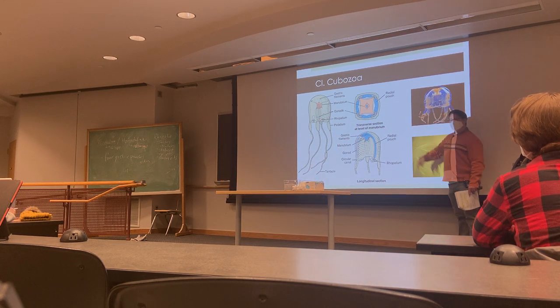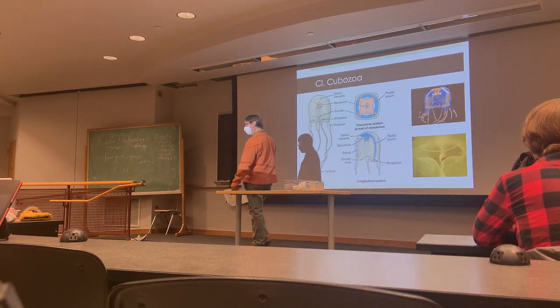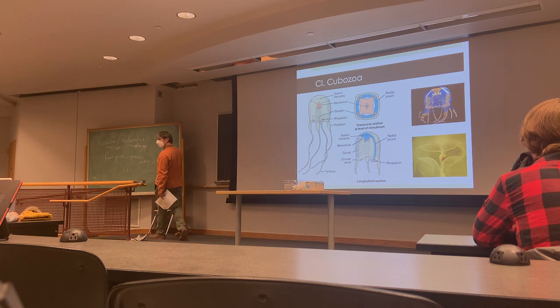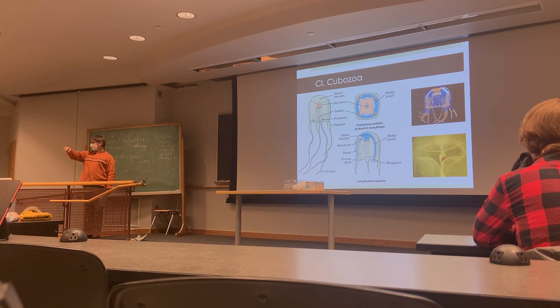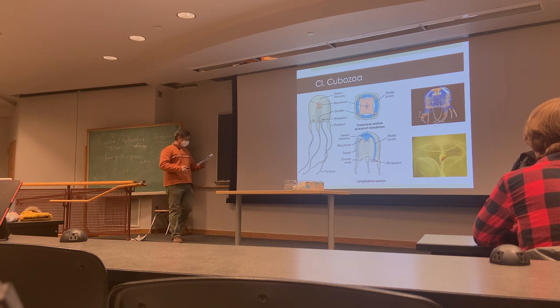Actual highly pigmented, image-forming eyes. I've never looked through the eye of a cubozoan, but apparently they can form images. Again, they're distributed around the periphery of the individual medusa. So, the various features that are unique about these medusae.